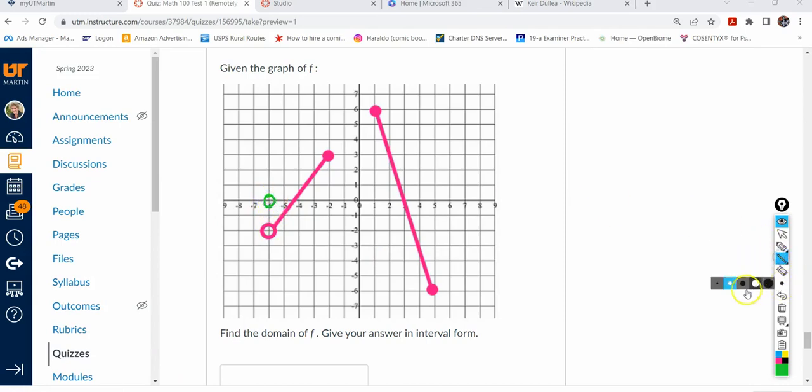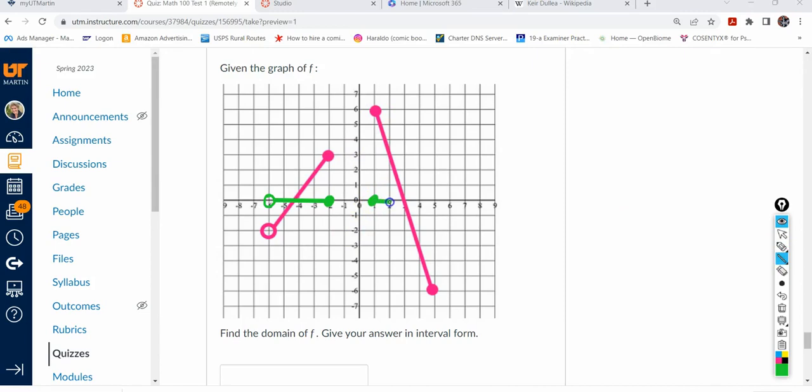As I move across, if you can look up or down and see a point, it's included in the domain. I keep going until I get to -2, and when I look up, I do have a point, so that endpoint is included. Then when I look up or down, I don't see anything, so there's a gap. When I get to 1, I look up and I see a point, so that's where it starts again.